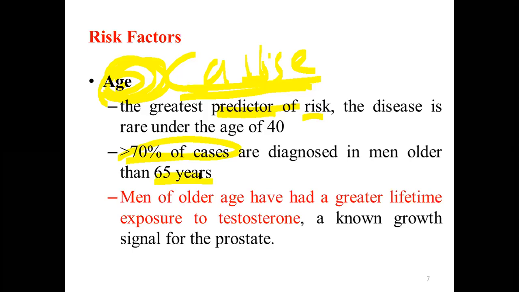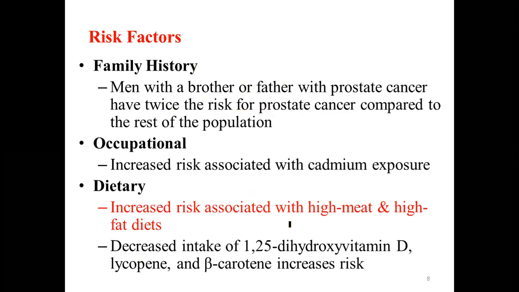Older age means a greater lifetime exposure to the hormone testosterone, a growth signal for the prostate. That is why as we age, the size of the gland enlarges, because the lifetime exposure to androgen is much longer. So it is very high in the older population.